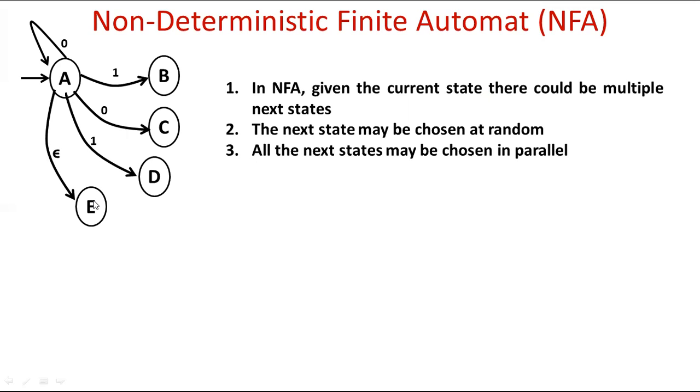So this means that the state can also accept an empty string, and on taking this empty input, it can go to another state, that is state E. So the concept of epsilon only comes in the non-deterministic finite automata. If you see that you are going from one state to multiple states for the same input, then we call it a non-deterministic finite automata.